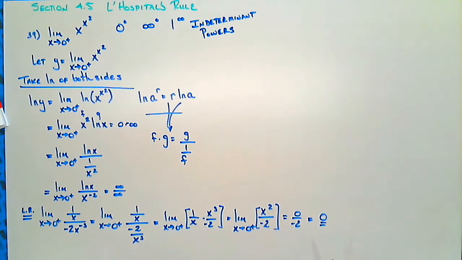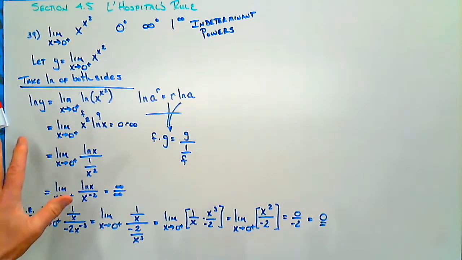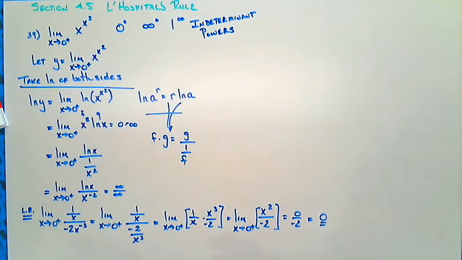And the reason you don't get the correct answer is, way back here, we said the natural log of y equals 0. You were asked to find y. But instead, you found the natural log of y. So we have to add one little caution to working out indeterminate power problems.